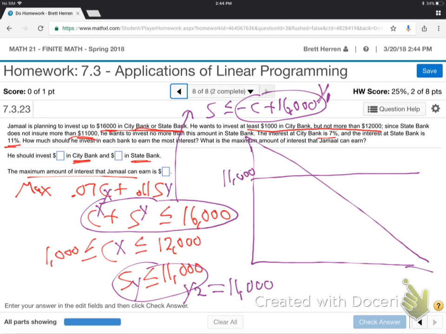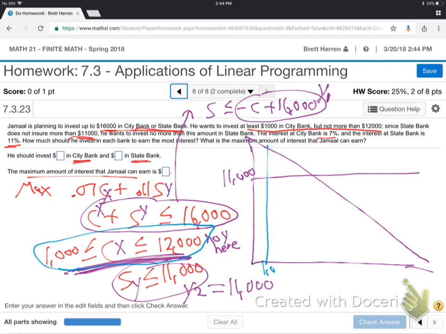And then this one, this is x. It has no y. So you have to just think of it by yourself, right? You can't put it into the calculator. Are you tracking with me? There's no y there. It's only x. So what does that say? X goes from 1,000 to 12,000.